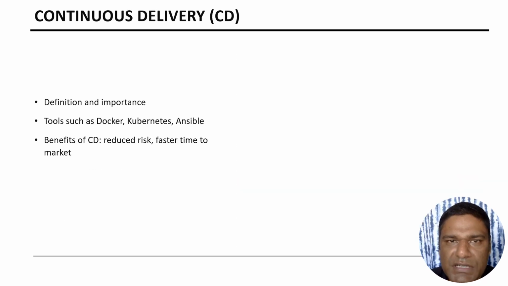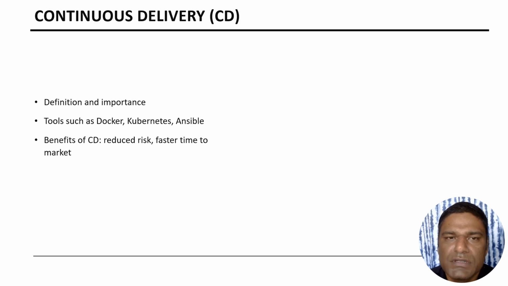After continuous integration, then comes continuous delivery next and continuous deployment next. Continuous delivery is a superset of continuous integration. It extends continuous integration by automating the entire software release process, including deployment to production.